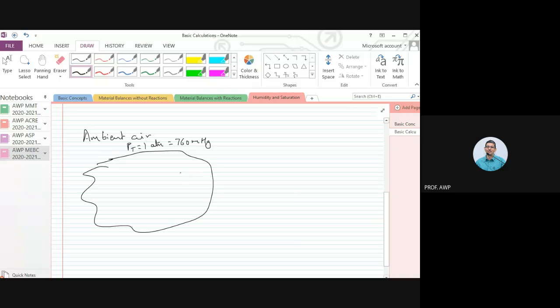Now this air is going to contain nitrogen, oxygen, and water vapor. The nitrogen and oxygen part we call dry air. This dry air contains 79 mole percent nitrogen and 21 mole percent oxygen, or volume percent if you like. They are the same.